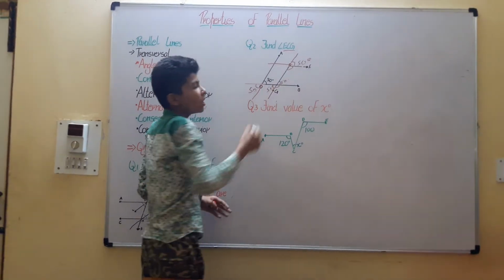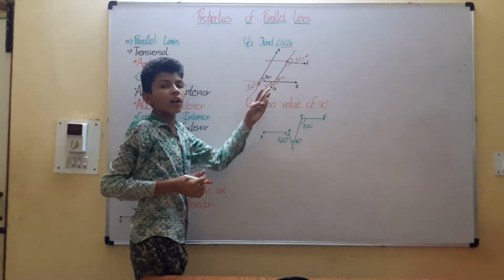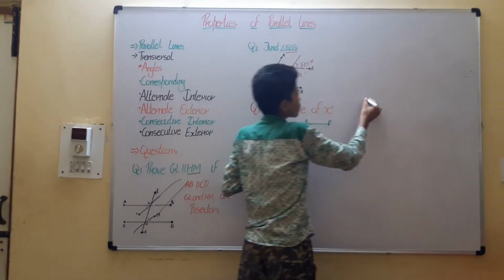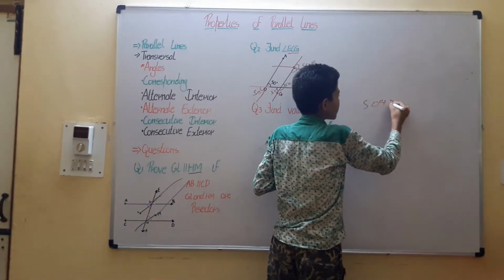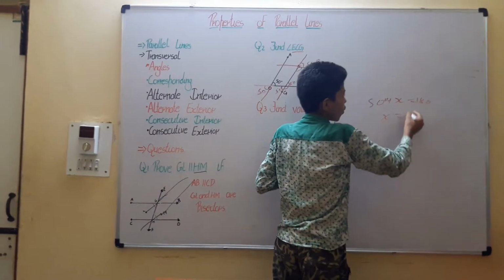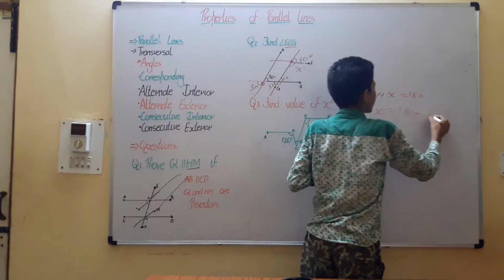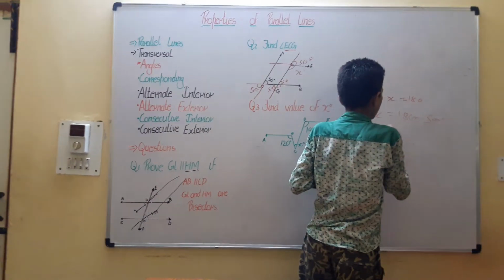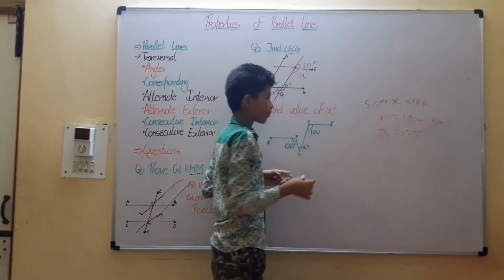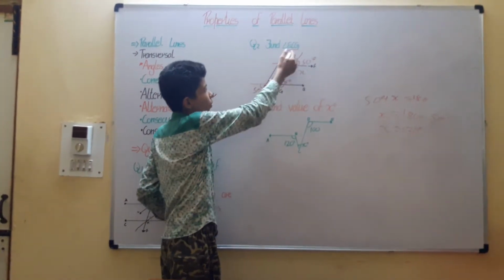To find this angle we use the linear pair, so let this angle be x. 50 plus x gives you 180, so x equals 180 minus 50, which is x equals 130 degrees.